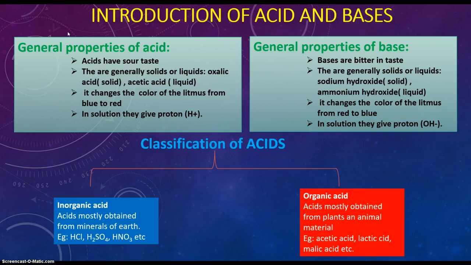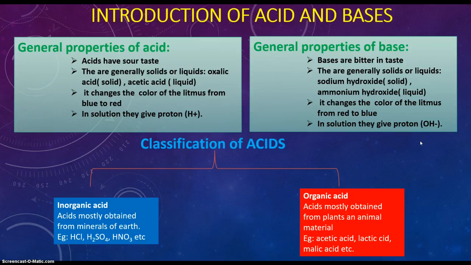And base usually gives OH minus, that is called hydroxyl ion. Sorry, I have written here proton; it would be hydroxyl ion. So a base gives hydroxyl ion, OH minus, when present in solution. In this way we can identify acid and base.